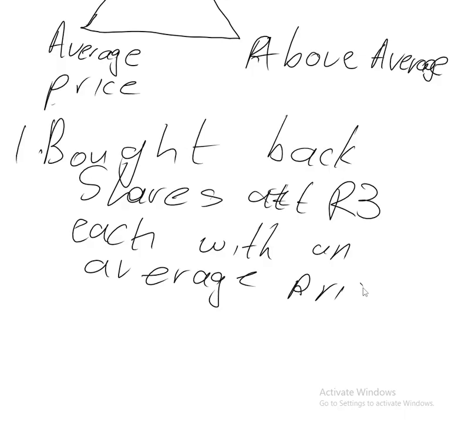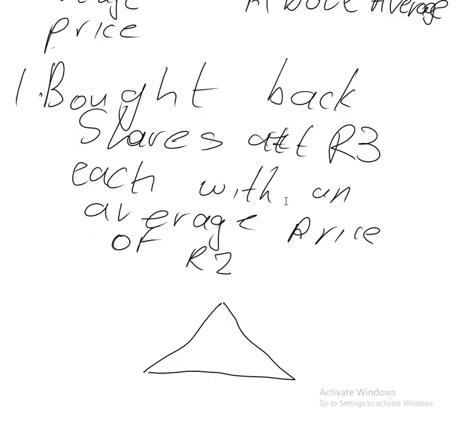So whenever you are drawing your triangle for this repurchase, I'm going to put my total. How much did I repurchase the shares at for the total? I repurchased the shares at 3 rand each in full. So that's going to be my total. It's going to be 3 rand here. And then what is the average price of these shares? It's going to be 2 rand. So what is the above?